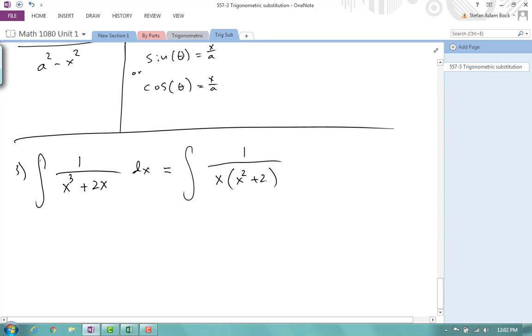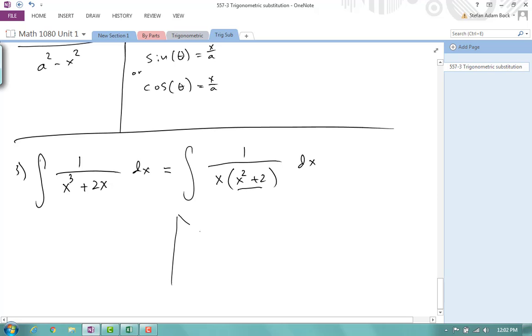And now it fits something from this section. We're actually going to have another way to do this problem in the very next section. So what I'm using here is this x squared plus 2 as a sum of squares. According to the chart I had above, that means I'm going to be using either a tangent or a cotangent.